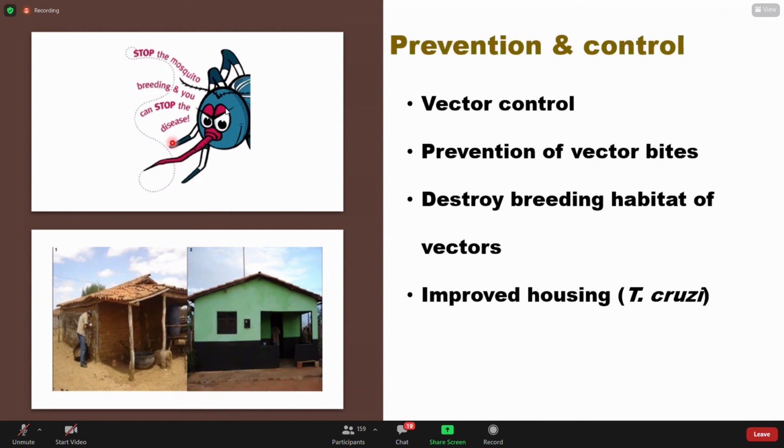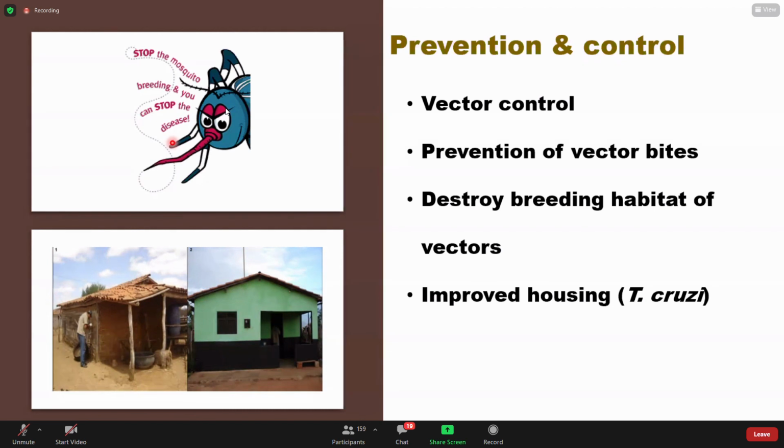Then you can prevent vector bites, particularly if you're going from a non-endemic area to an endemic area. You're traveling to Southeast Asia, you're traveling to Africa for whatever reason. Pack long sleeve tops and long pants. This is not the time to wear short pants and crop pants, okay? You can also use insect repellents that won't allow insects to bite you, okay?